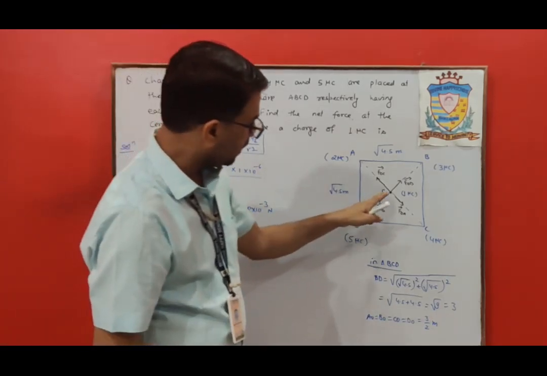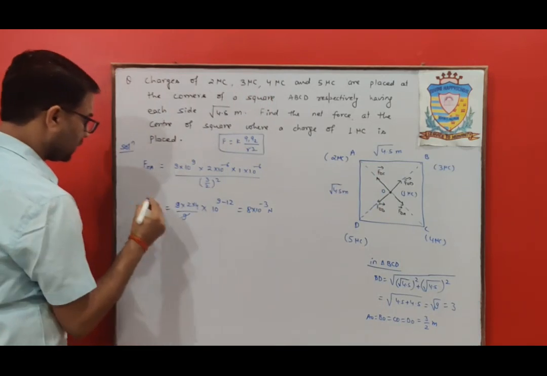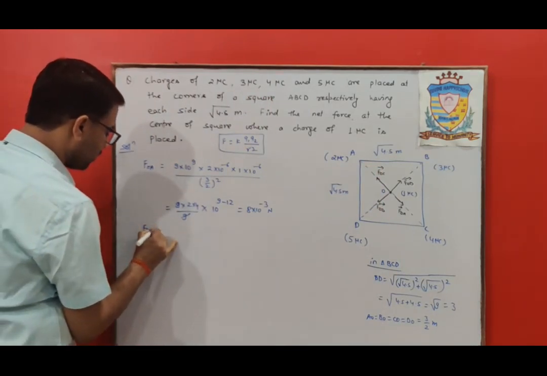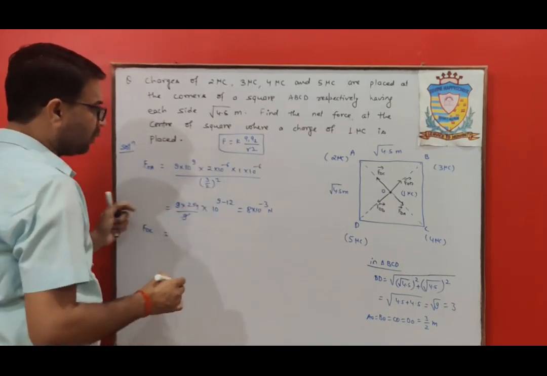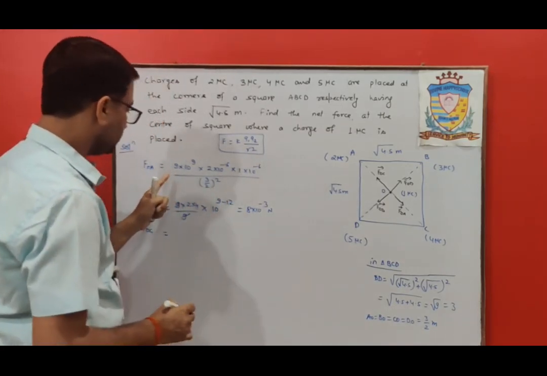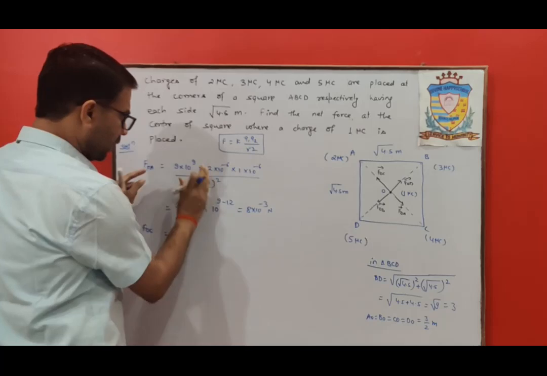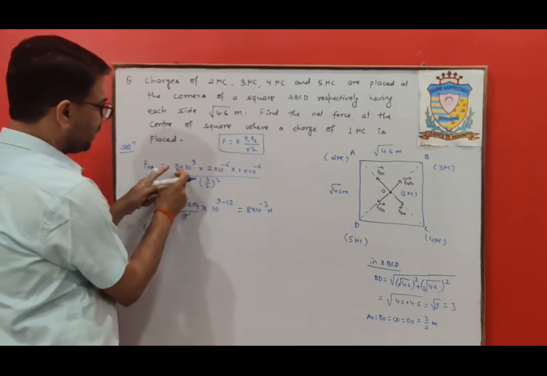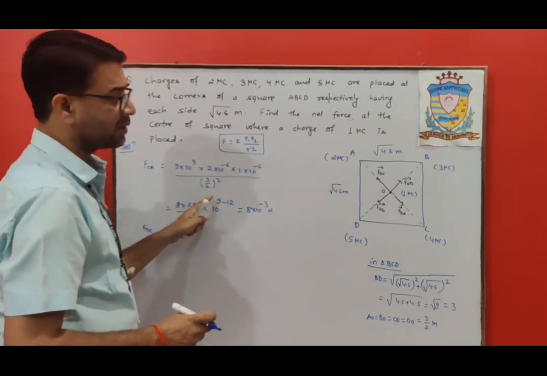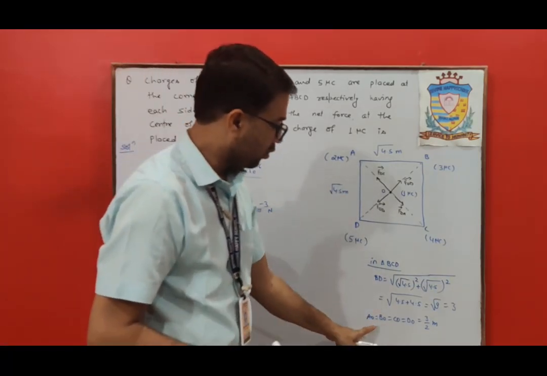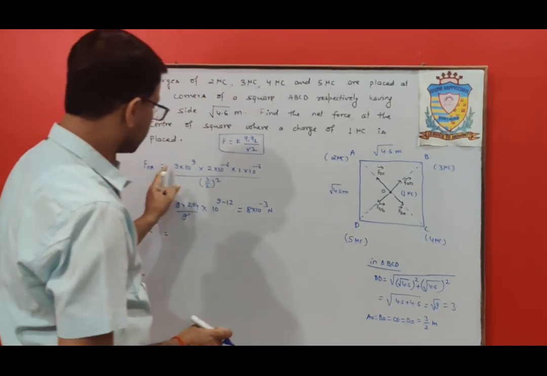Now we calculate this value, that is FOC. So FOC is equal to, again we will put the values. Here everything will be the same, only the difference is in these two values. This will be cancelled out again because the distance is the same for all. AO, BO, CO, DO are equal, so the distance will be the same.